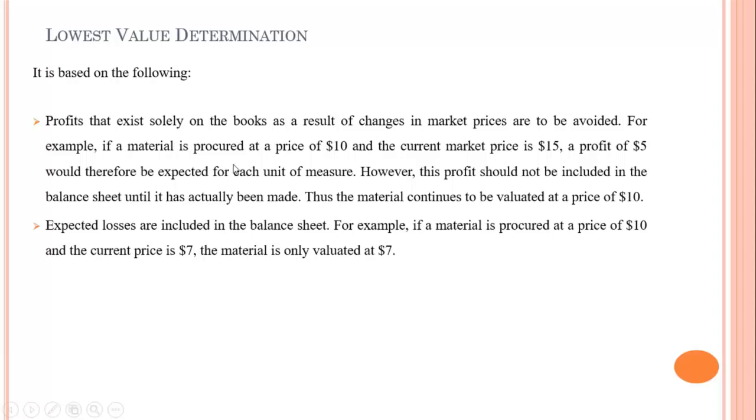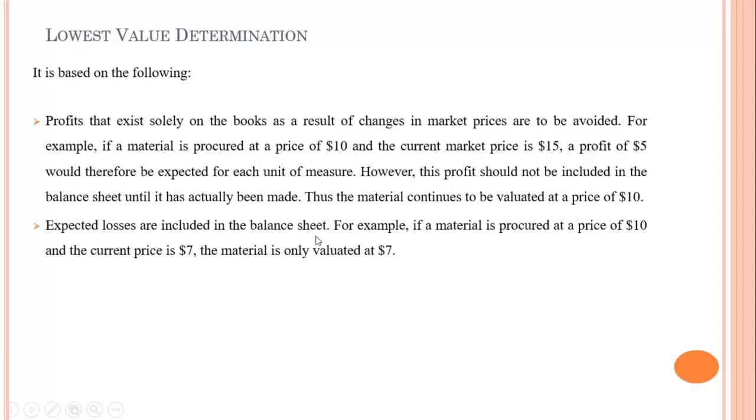If a material is produced at a price of $10 and the current market price is $15, then a profit of $5 would be expected for each unit of measure, but this profit should not be included in the balance sheet until it has actually been made. Until we make the profit of $5, we cannot include it in the balance sheet. So the material continues to be valuated at a price of $10. It would be considered that the price of the material is $10.